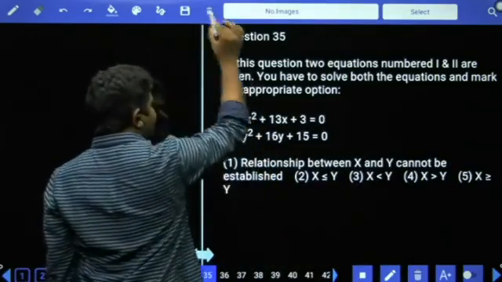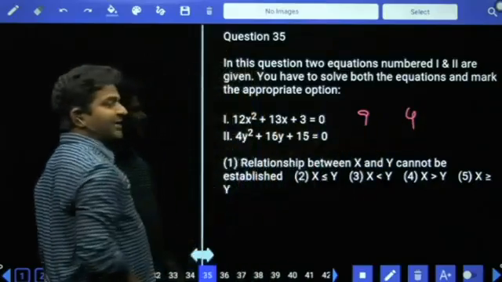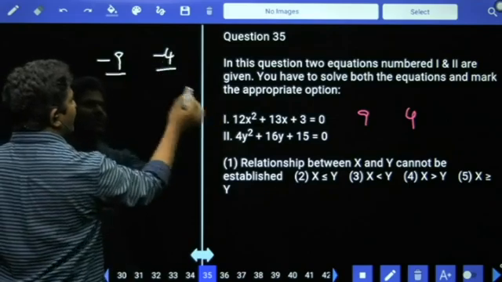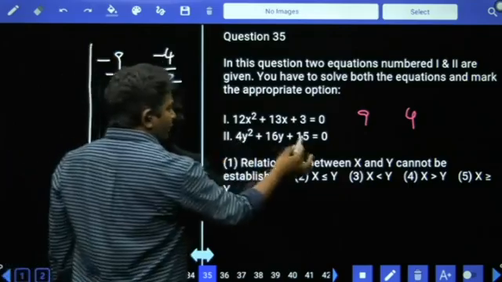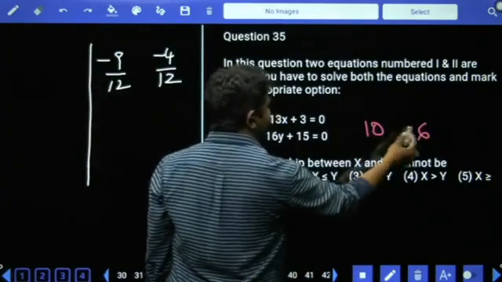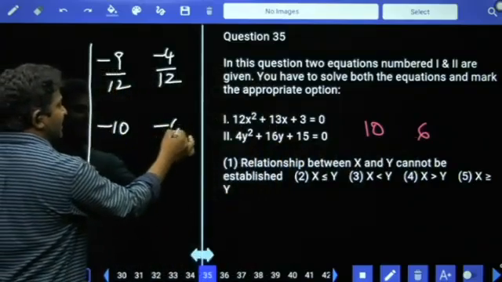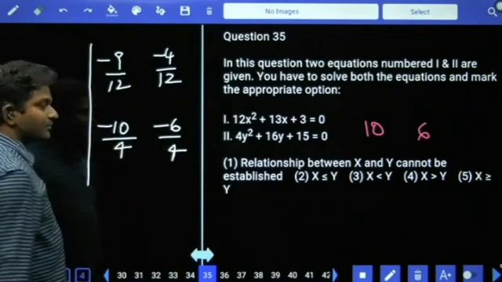12 into 3, 36. That can be written as 9 into 4. Plus 9 plus 4, plus 13. Then the factors are minus 9 minus 4 divided by the coefficient of x square, that is 12. 4 into 15, 60. That can be written as 10 into 6, plus 10 plus 6, plus 16. Factors are minus 10 minus 6 divided by the coefficient of y square, which is equal to 4.